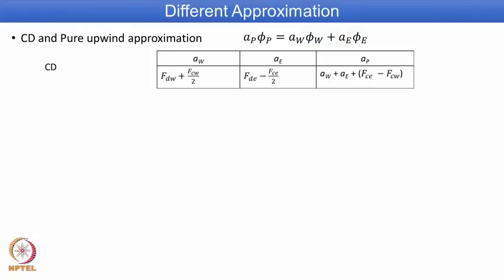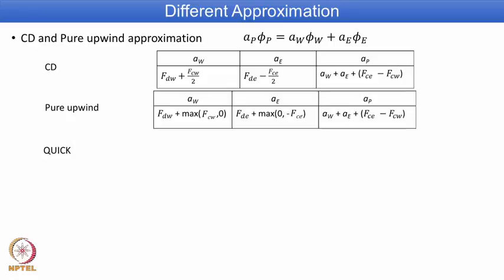In the case of CD, expressions for the coefficients AE, AW and AP are shown. Similarly, for pure upwinding, the coefficients AW, AE as well as AP are shown here. You can now understand very well the difference in the terms between the central type and pure upwinding. In the case of pure upwinding we introduce a term called max of FCW and 0.